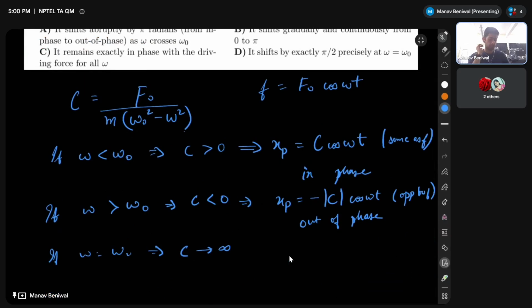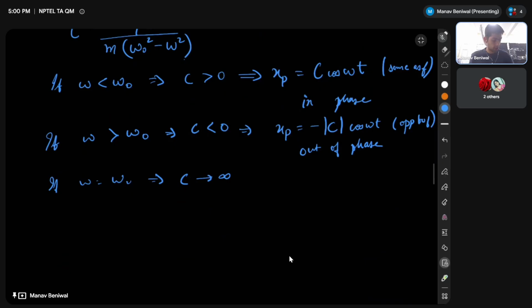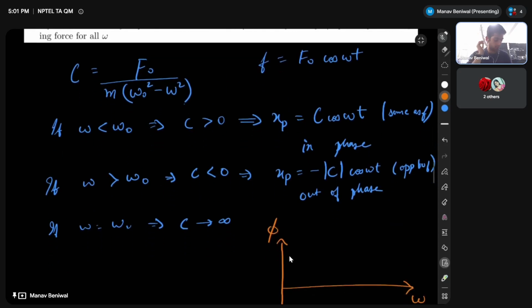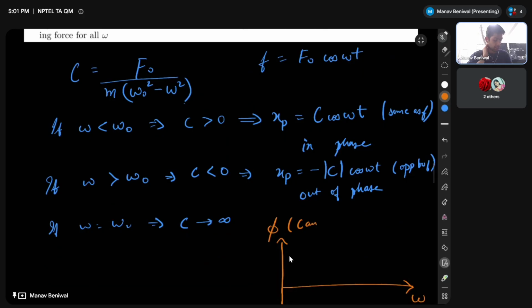If I make a plot, let's say this is omega, and this axis is our phase phi, and this phase is between C and F, which is the amplitude and the external force.